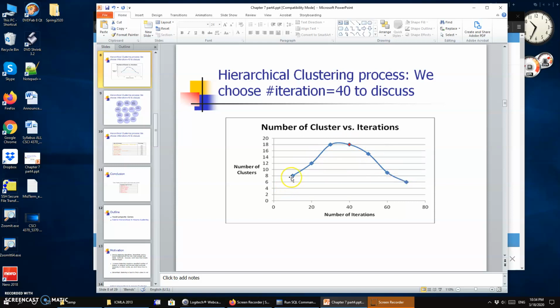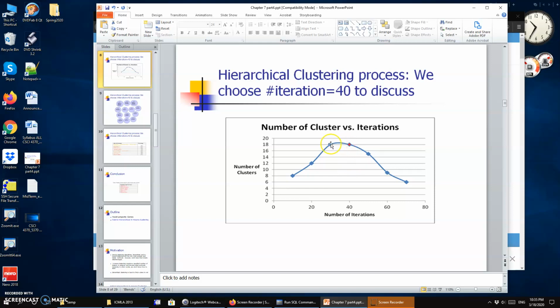So we need to finish one round of hierarchical clustering, and then, just like in this experiment, we let it stop. We are most likely interested in the point that gives us the highest number of clusters. So in this example, we want it to stop at hierarchical clustering iteration number 40.